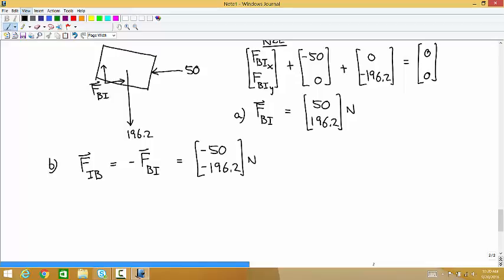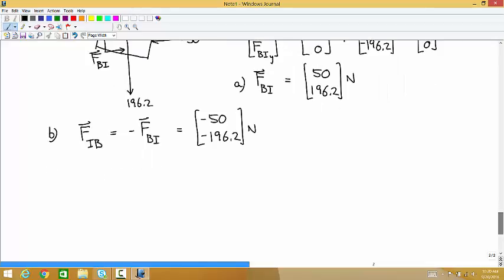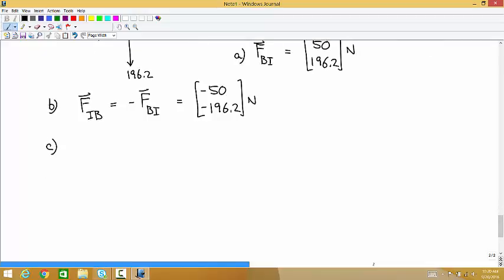Okay, and then the last one. We have a force vector like this, negative 50, negative 200. So basically the vector is that way.